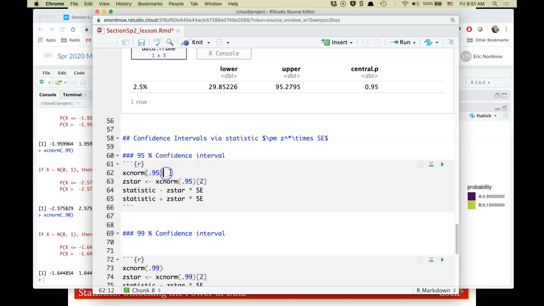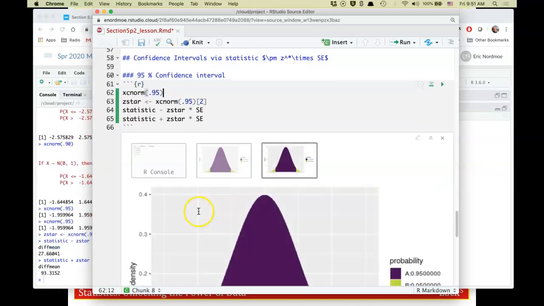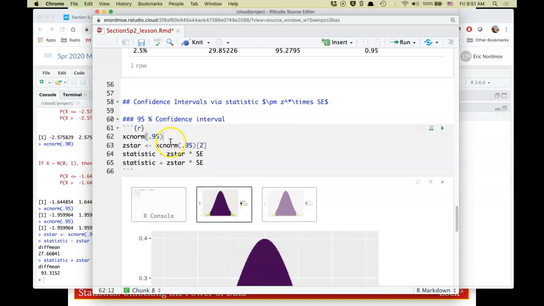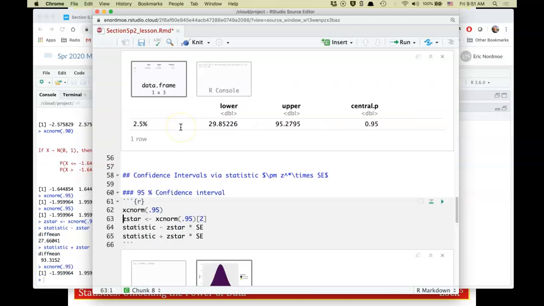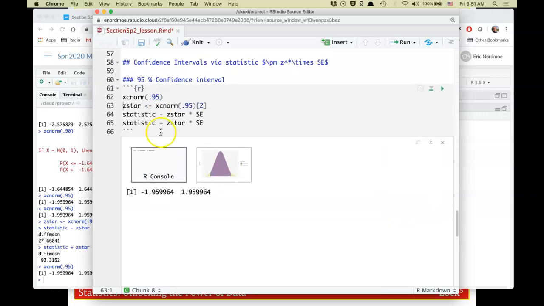All right, so the command xcnorm is going to show us the values. Let's see, if I run this whole thing, I will get the output as well. The xcnorm is giving us the figure and the two multipliers, but really I only want the positive one.